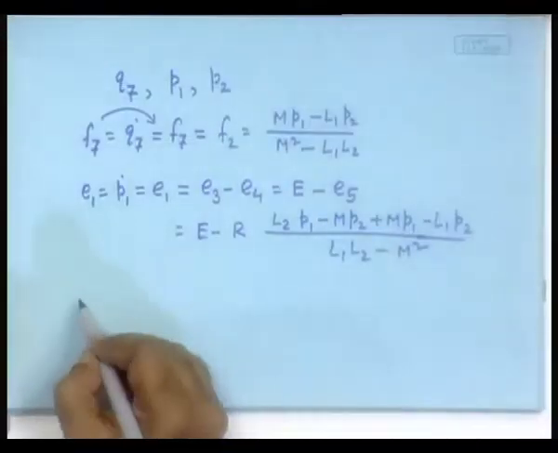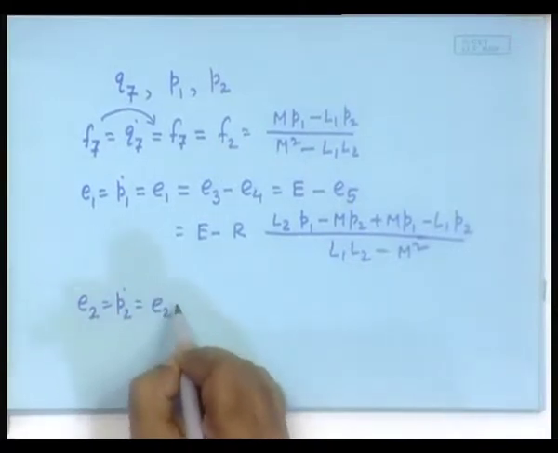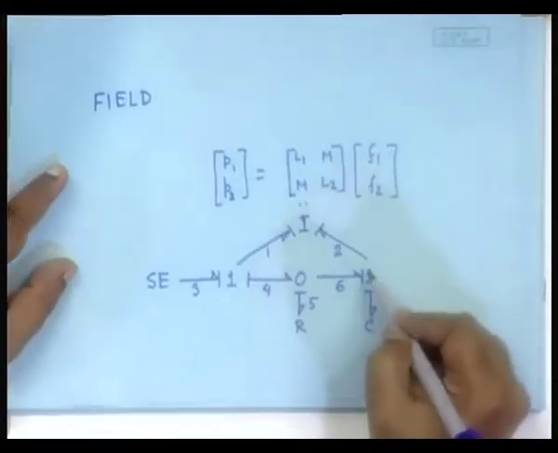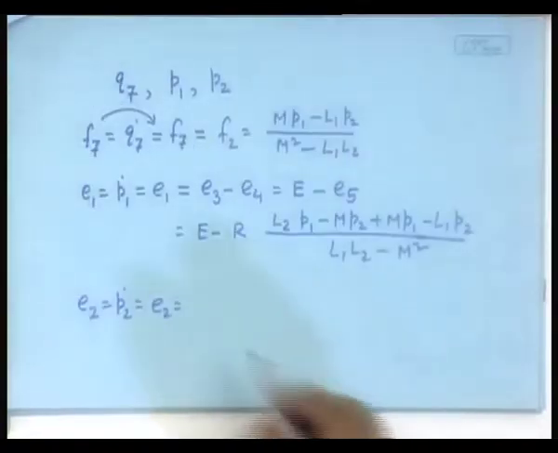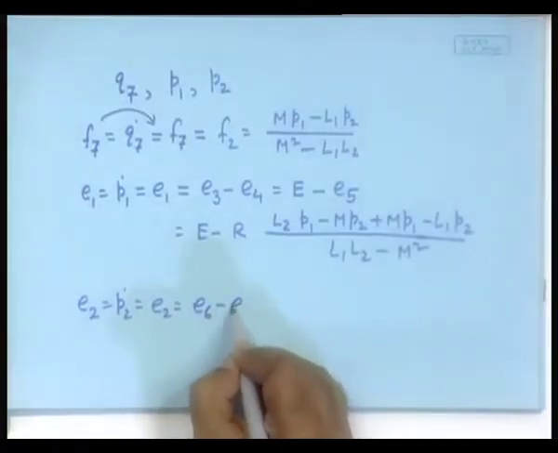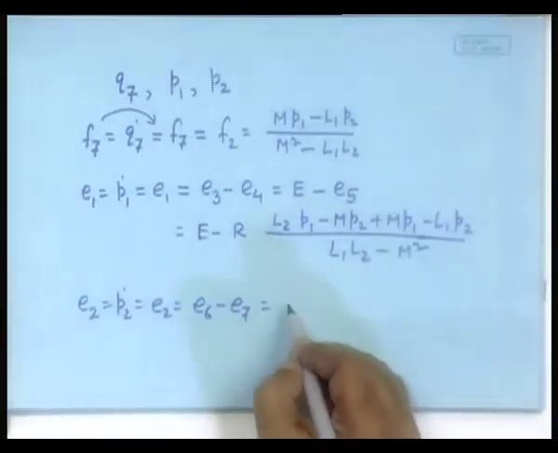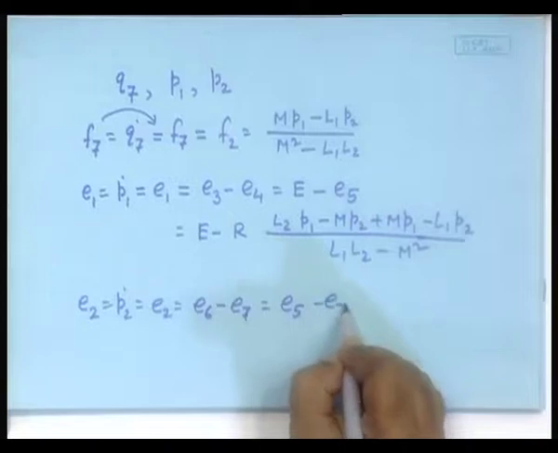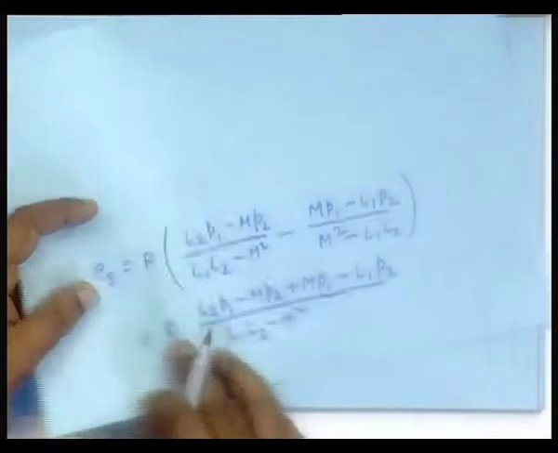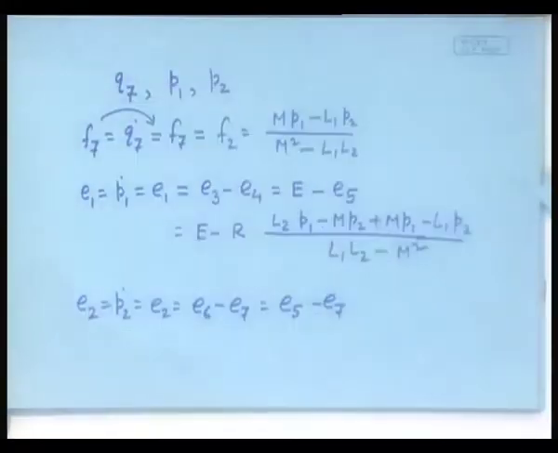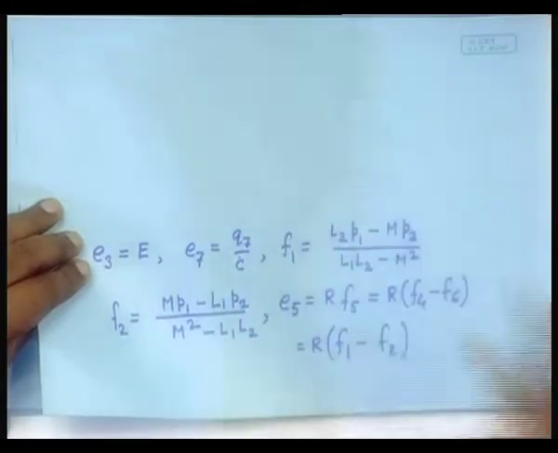So, E2 is equal to P2 dot, and E2 is E6 minus E7. Now, what is E6? E5. So, E5 minus E7, and both these are known. E5 is this and E7 is this. Substitute.